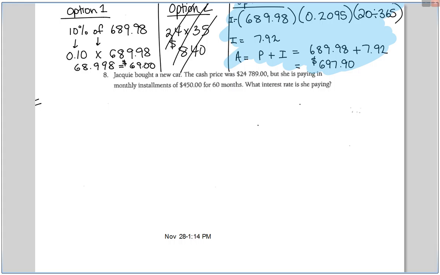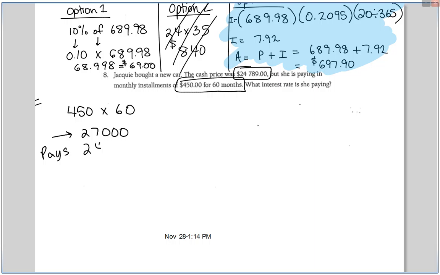How much does she actually pay? She pays $450 every month for 60 months. That's 27,000. She pays this. What's the actual cost of the vehicle?